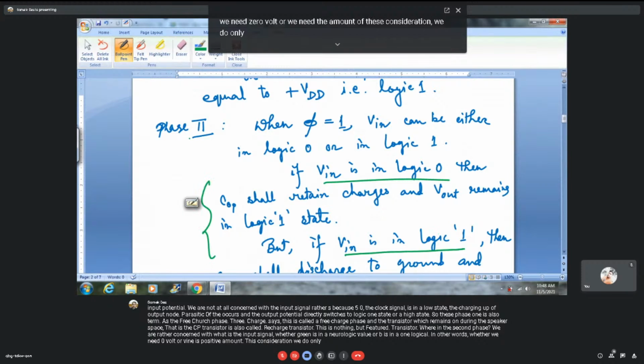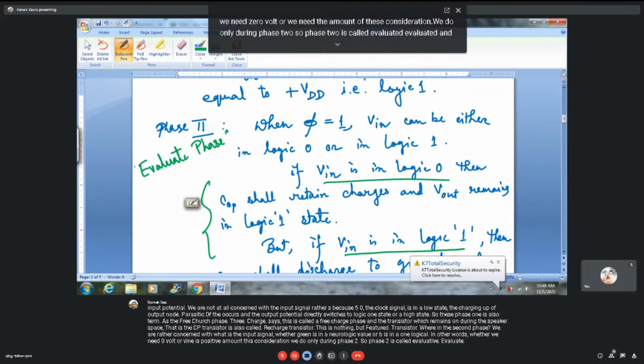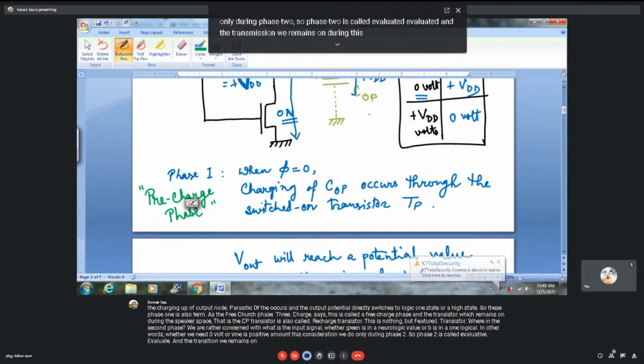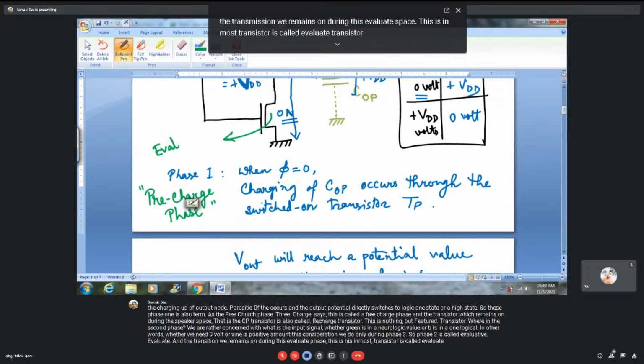So phase 2 is called the evaluate phase. And the transistor which remains on during this evaluate phase, this NMOS transistor, is called the evaluate transistor.